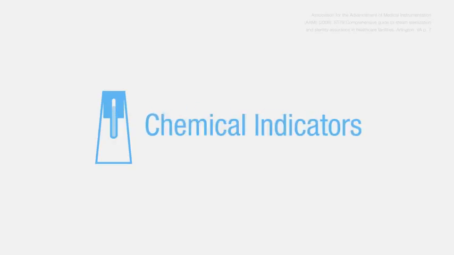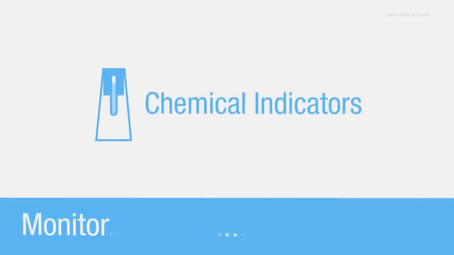Chemical indicators, or CIs, respond to physical conditions inside of a chamber. CIs are used to monitor the presence or attainment of one or more of the parameters required for a satisfactory sterilization process. For steam, those parameters are time, temperature, and water delivered as saturated steam.